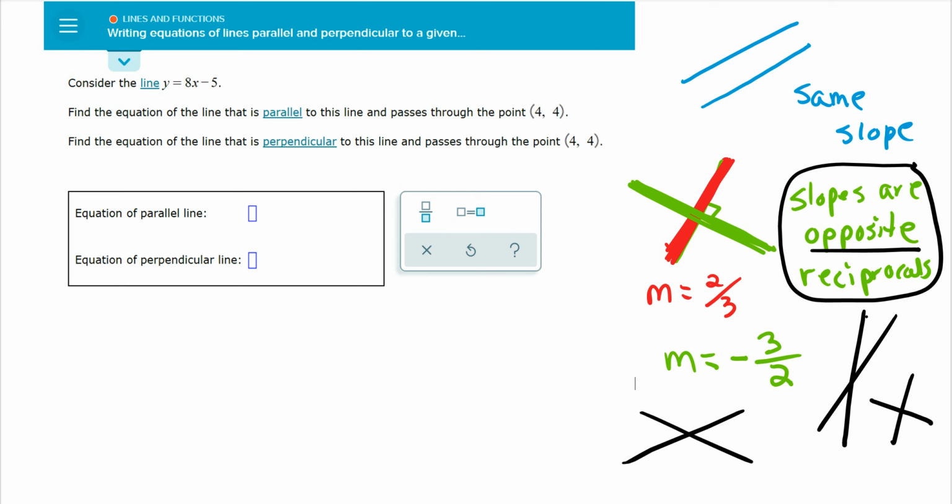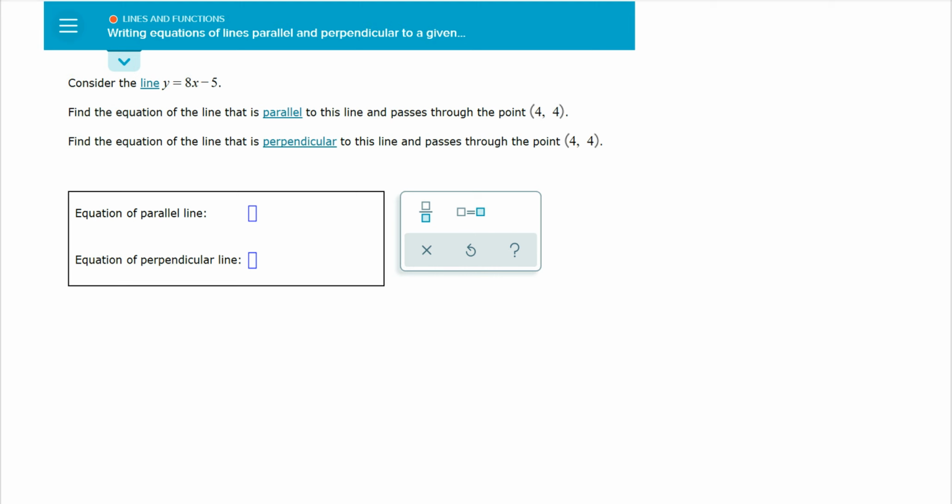Phase 2, I'm going to pause this for a second and erase all that because I need the space. Okay, so we're going to start with this one here. It says find the equation of the line that is parallel to this line and passes through the point 4, 4.